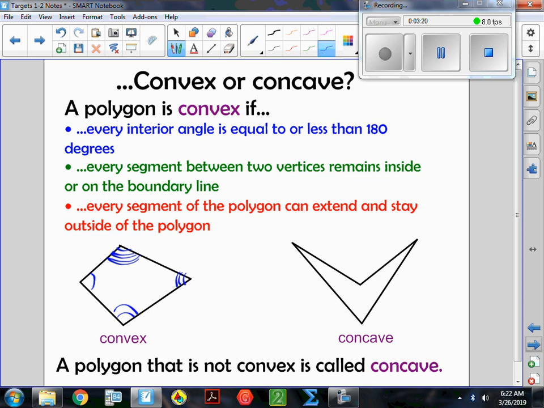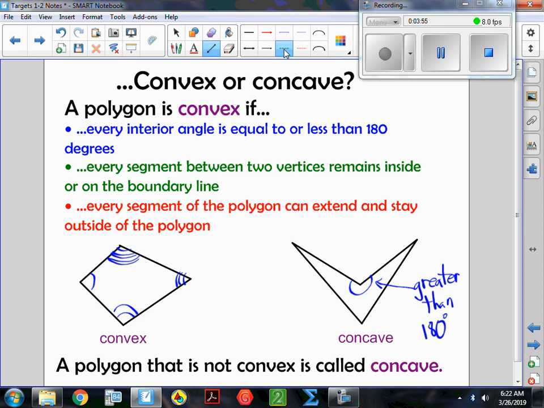I'm going to show you the one angle inside the polygon on the right that is greater than 180 degrees, and that's what makes this concave. Usually when you see this angle on the inside that's greater than 180 degrees, you kind of have to wrap around. We could say that it looks like that side caved in. So that's how I remember concave, is that it looks like one of the sides caved in.